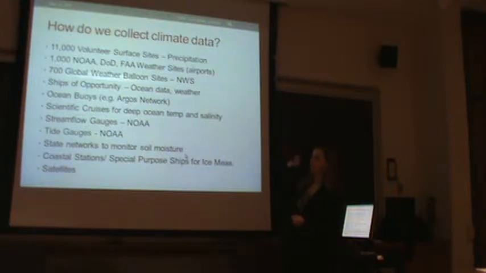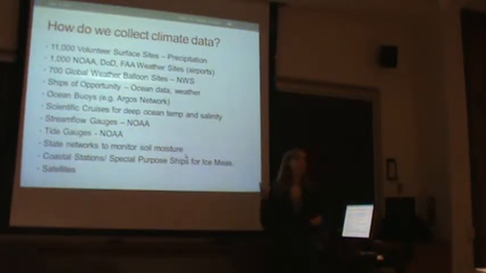That's one spot. Then there are 1,000 sites that NOAA and the DoD and the FAA run together. Those are mostly the ones at airports. So when you hear the temperature or the precipitation given at the airport, that's usually run by these guys. There are 700 global weather balloon sites. They call them radiosondes. At each of those sites, they usually launch a weather balloon once or twice a day, and that gets atmospheric information.